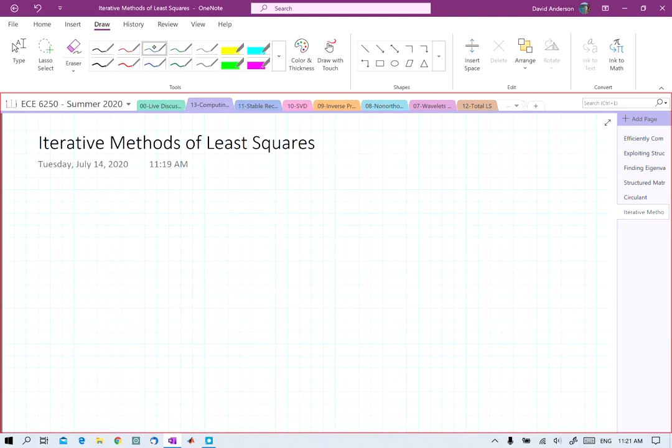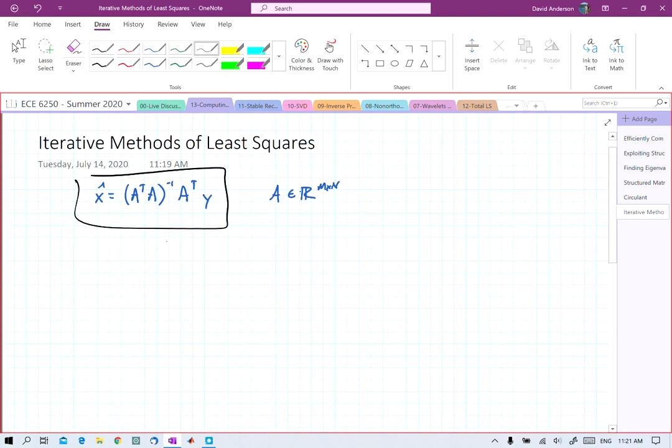So now we're going to look at a method for solving this problem in an iterative manner. So we have R, m by n, and in general this is going to cost order m n squared to solve, which can be pretty expensive.